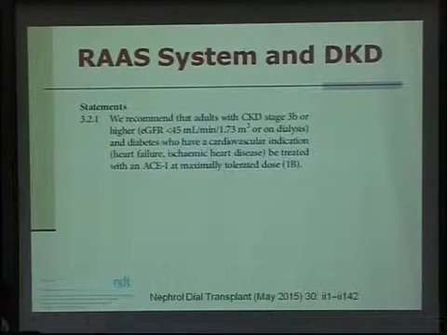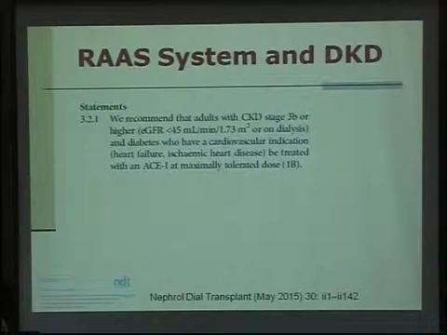Here, if you would like to use ACE inhibitors or ARBs, which is better? Angiotensin converting enzyme inhibitors or angiotensin receptor blockers? Which is better to be recommended? Yes, please.